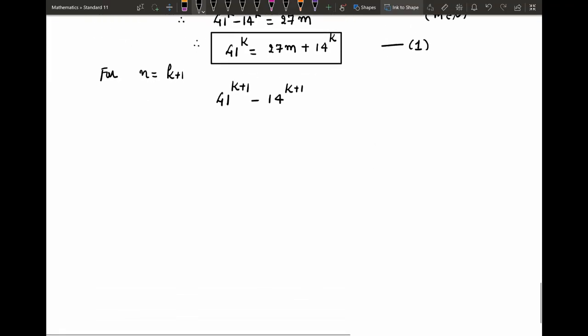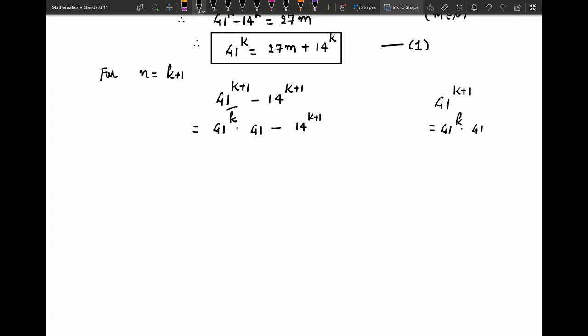Now using rules of indices, this can be written as 41 raised to k into 41 minus 14 raised to k plus 1.